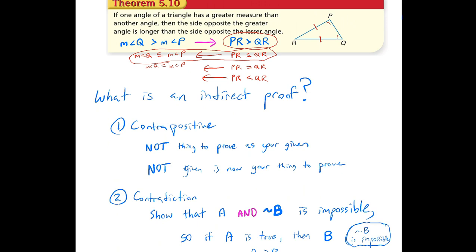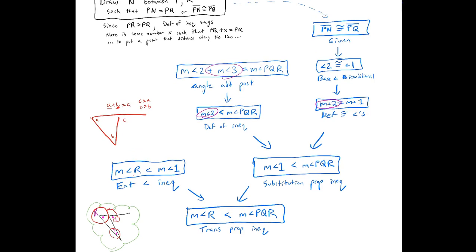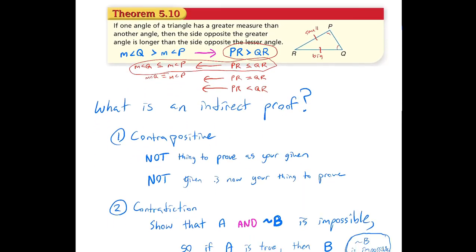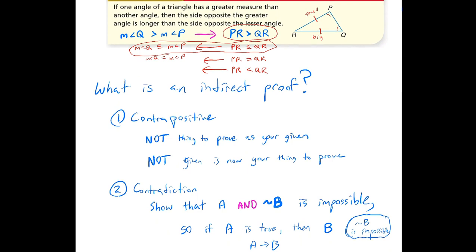And what if PR is less than QR? So if PR is small and QR is big, well, we just proved that direction. We just proved that right here. We can actually use that and say, if that's true, that means this is a big angle, and that means this is a small angle. We could do the angle proof because of that exterior angle inequality.